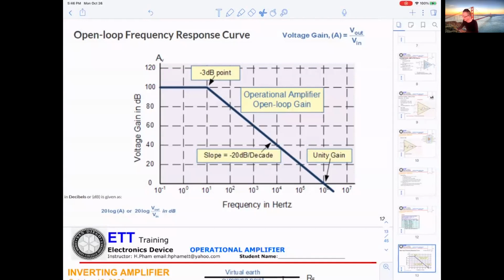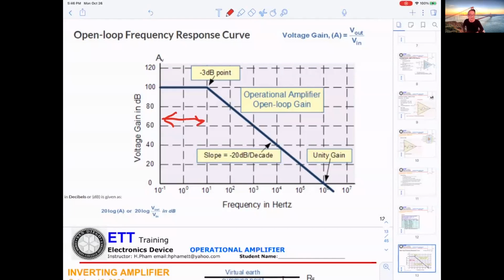That means from 0 up to here, that is the bandwidth. They only calculate the bandwidth up to the cutoff frequency.